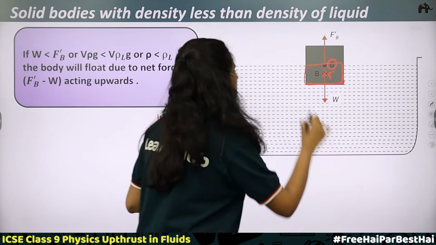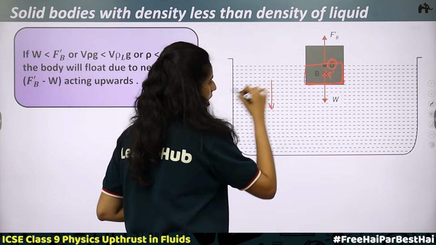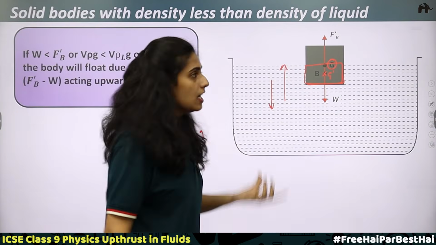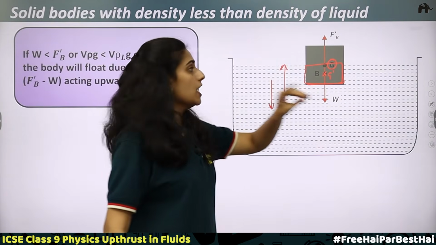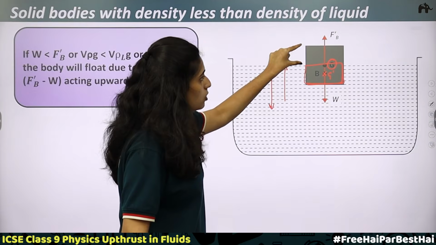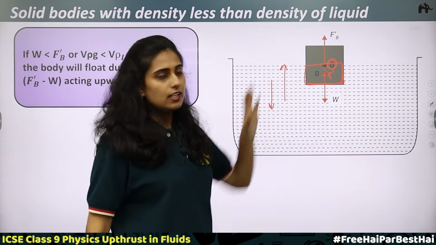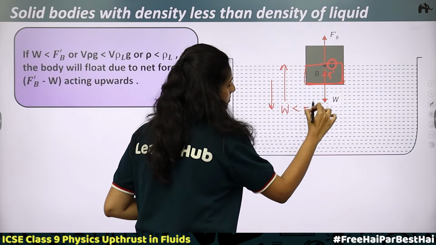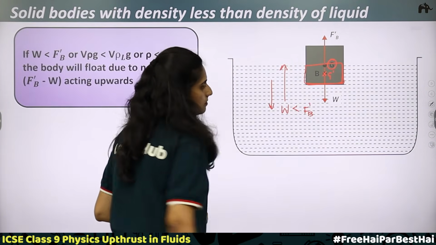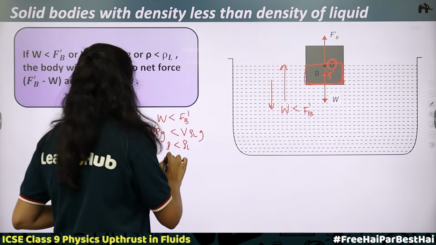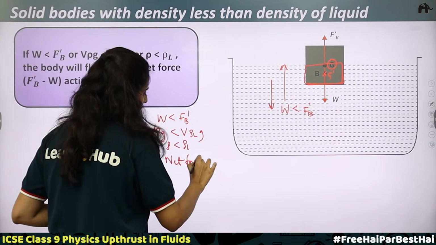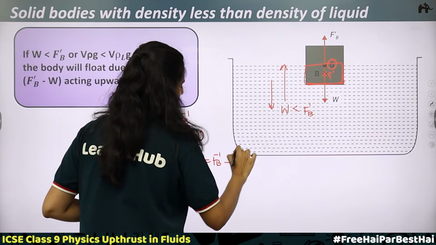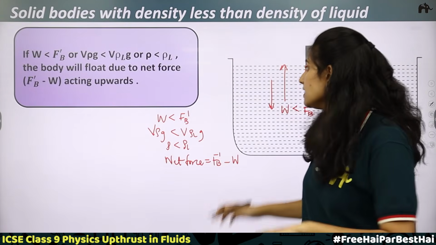Now here the weight of the body is acting downwards and the buoyant force is acting in the upward direction. Which is greater? The body is floating in such a way that a portion of the body is outside the liquid, which means the weight is less than Fb dash. Then what will be the net force? The net force will be equal to Fb dash minus the weight of the body.